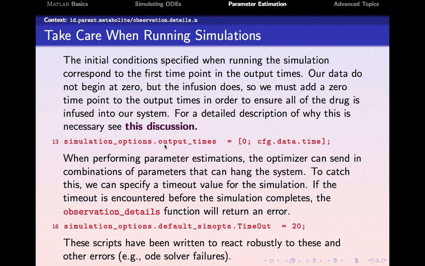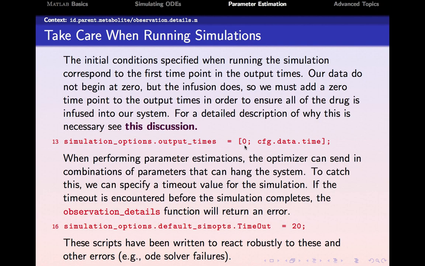So if we tell it the output times are only going to correspond to our data, then we'll miss the first half hour of infusion. So we have to give it a time 0 output time even though we don't have data at that point. Okay, so that's what this is. We've created a dummy initial time, because this is when the initial condition is going to apply, and this is when the infusion rate is going to begin as well.